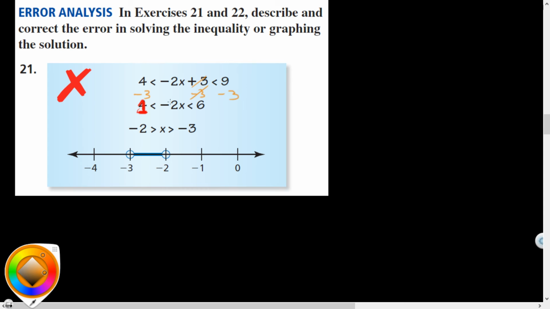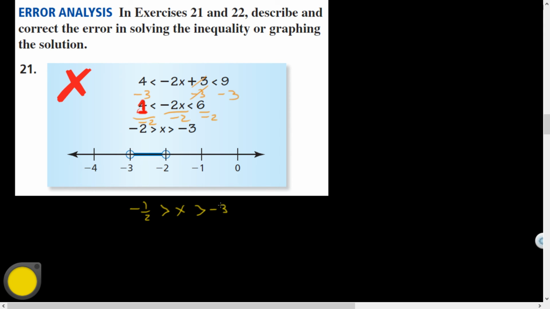And then we would have divided by negative 2. So they did that part correct, assuming they were right. They even remembered to flip the inequalities. Yeah, it'd be a half. I agree. So we would have had negative a half is greater than x is greater than negative 3.